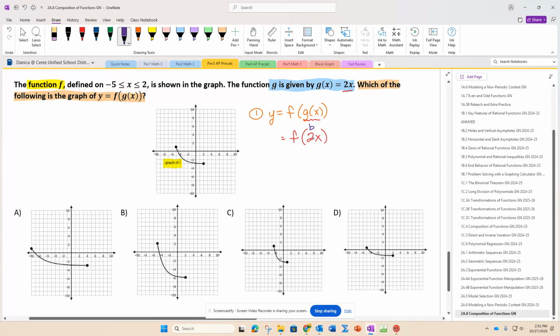Remember, both of these inside parameters, h and b, have to change before we can interpret them. So we want to change this to its reciprocal. And the reciprocal of 2 would be 1 over 2, or 1/2. And this is our factor for a horizontal dilation.